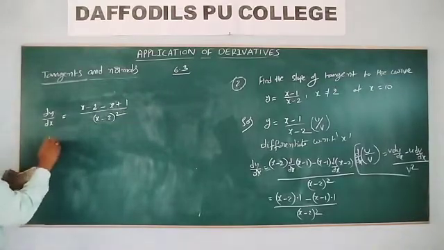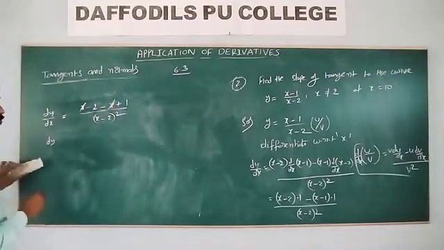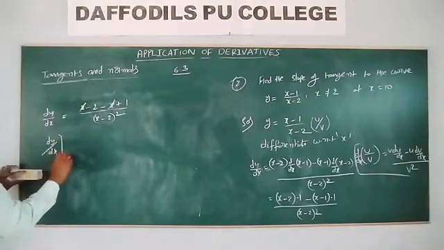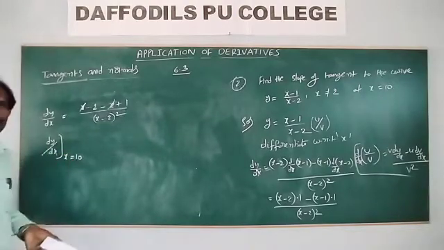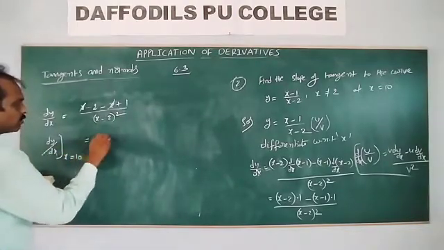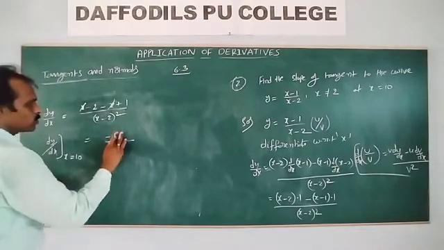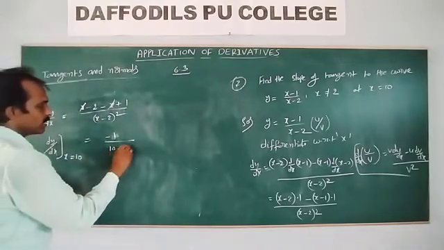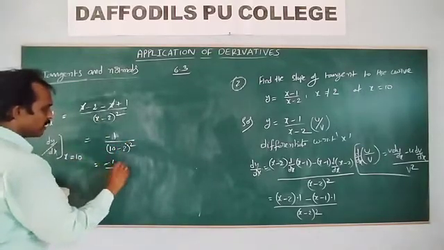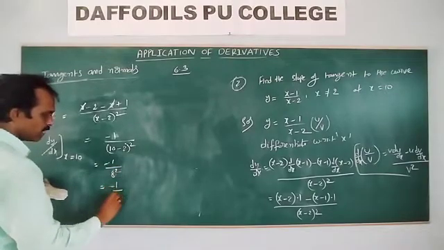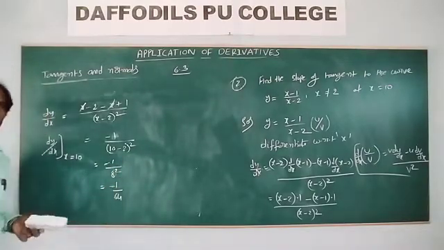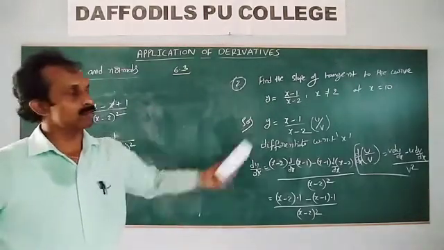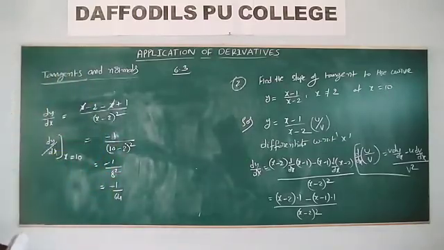Then x cancels: minus 2 plus 1, minus 1. dy by dx at the point x is equal to 10: minus 1 divided by 10 minus 2 whole square, minus 1 by 8 square, minus 1 by 64. So this is the slope of the tangent to the curve at x is equal to 10.